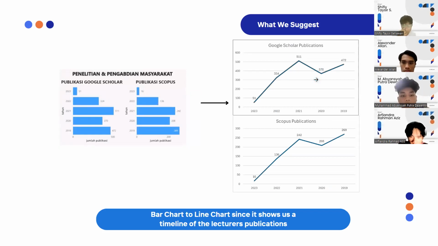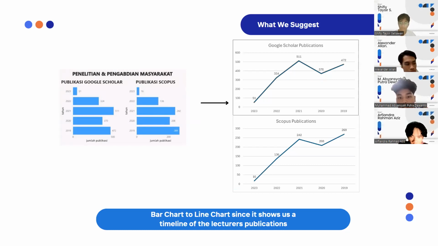So this page is about how we suggest presenting the publications from these two applications, Google Scholar and Scopus.